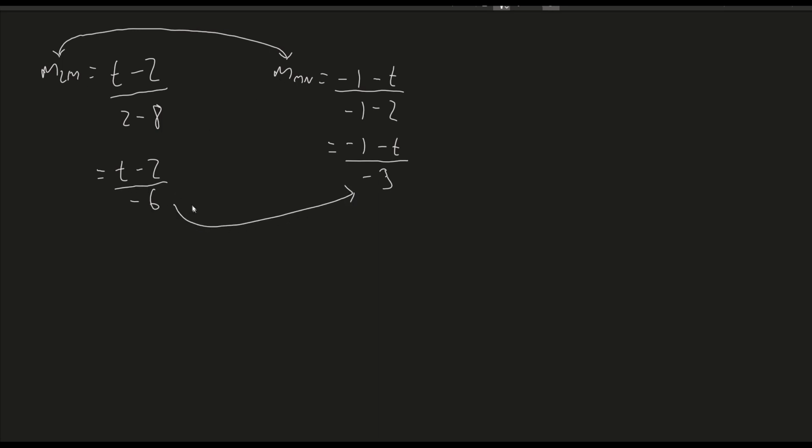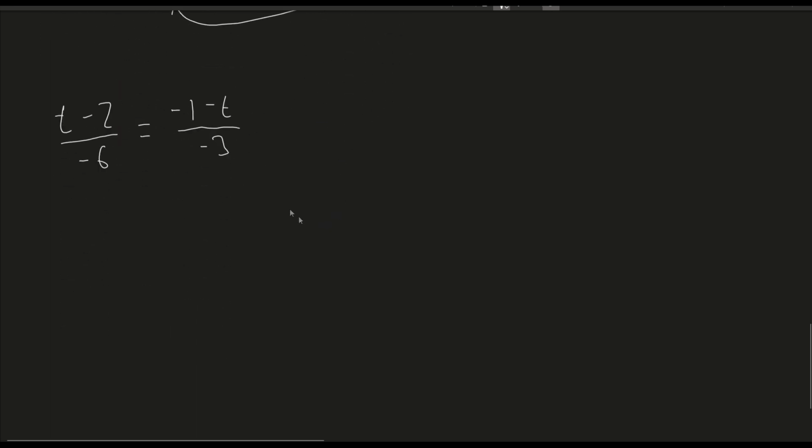These must be equal, because that's just another representation of the gradient. So we can then set up an equation by saying t minus 2 over minus 6 must be equal to minus 1 minus t over minus 3. They must be, by definition of collinearity. And here now we just have a fractional kind of equation that we have to solve.